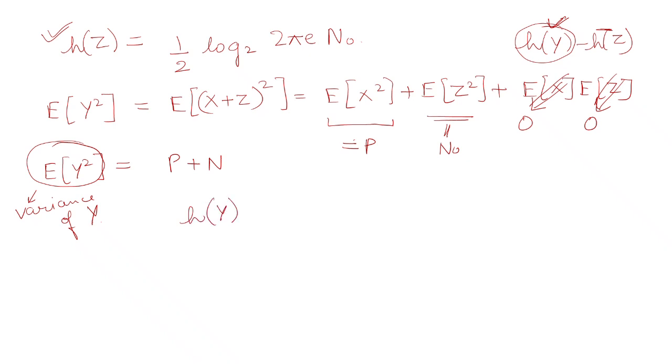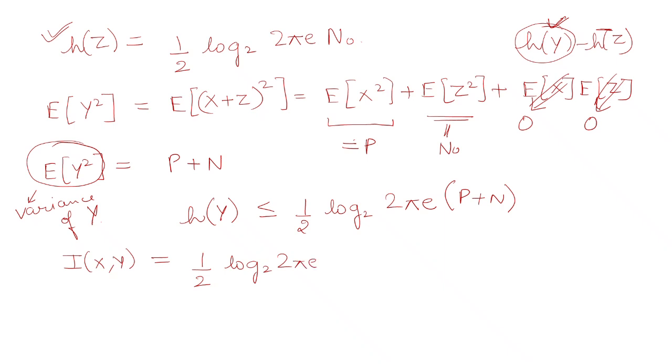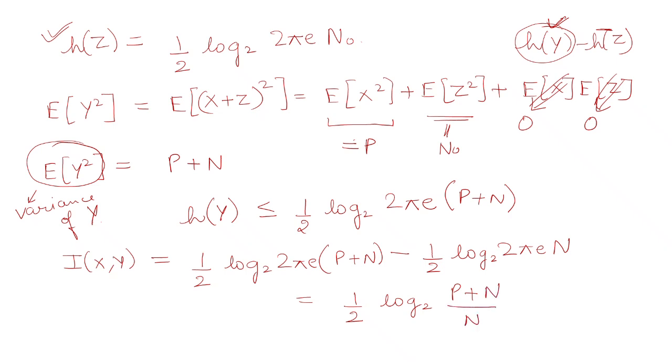Then we can write H of Y is less than or equal to 1 by 2 log 2 pi e, and here we substitute the variance of Y, which is equal to P plus N. So then mutual information I of X comma Y can be represented as the subtraction of H of Y minus H of Z. So we can write it as 1 by 2 log 2 2 pi e (P plus N) minus 1 by 2 log 2 2 pi e N, which is equal to 1 by 2 log 2 (P plus N) divided by N, or we can write it as 1 by 2 log 2 (1 plus P by N).